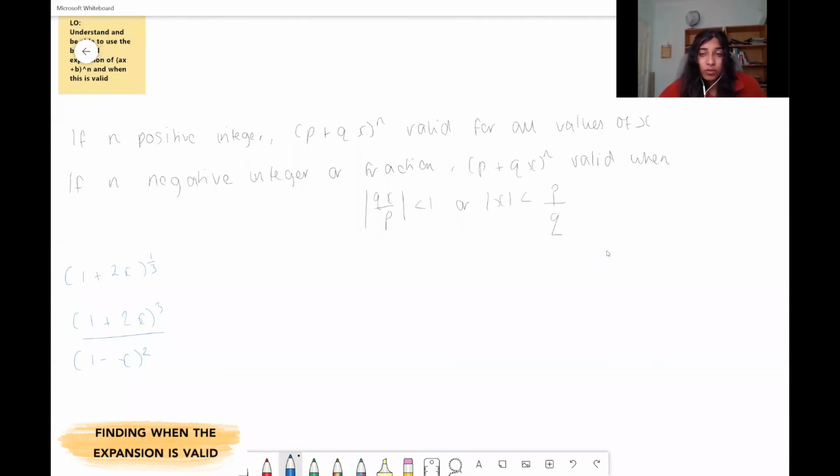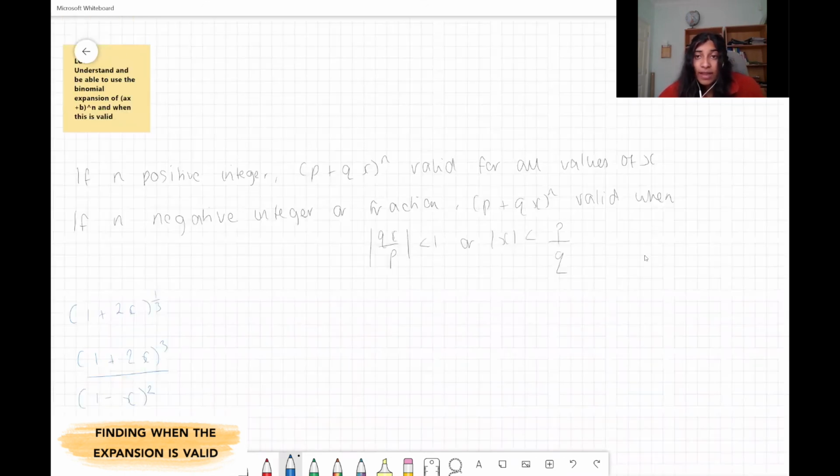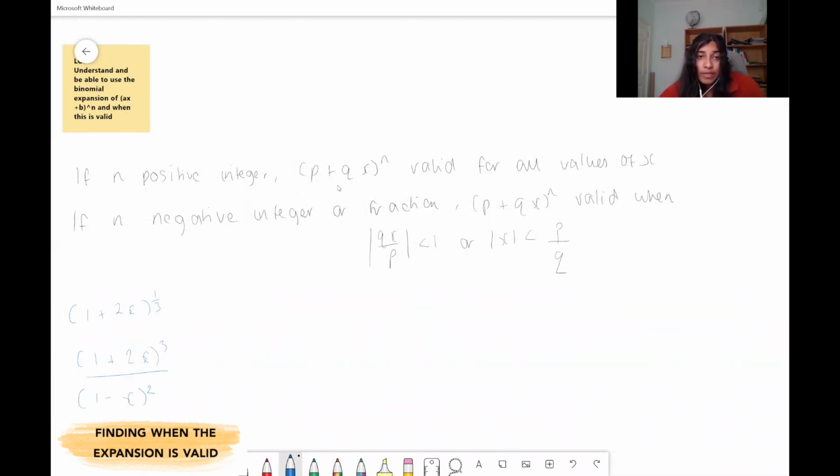So the last bit we want to do is work out when the binomial expansion, what values of x it would be valid for. So in general, if n is positive, then the binomial expansion of p plus q x to the power of n is just valid for all values of x. So this is like if it was 2 plus 4x to the power of 2. So whenever n is a positive integer, it'll be valid for all values of x.